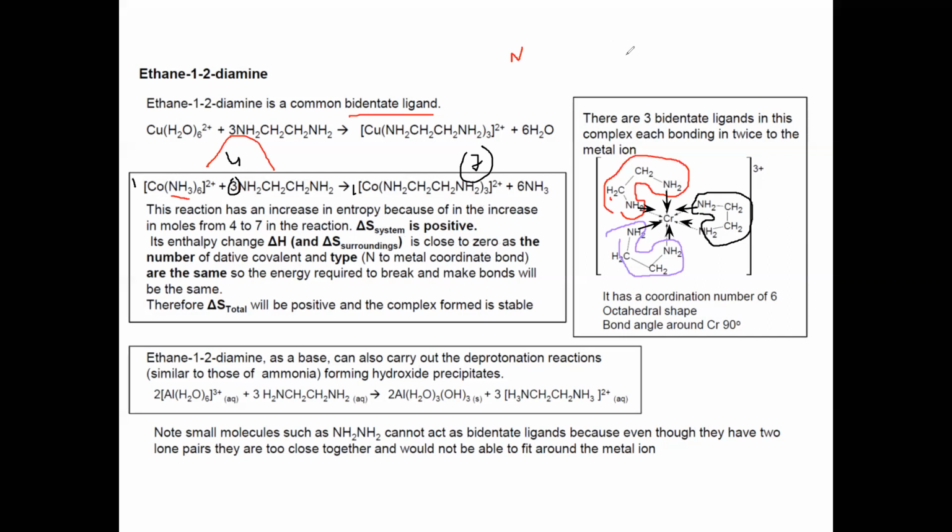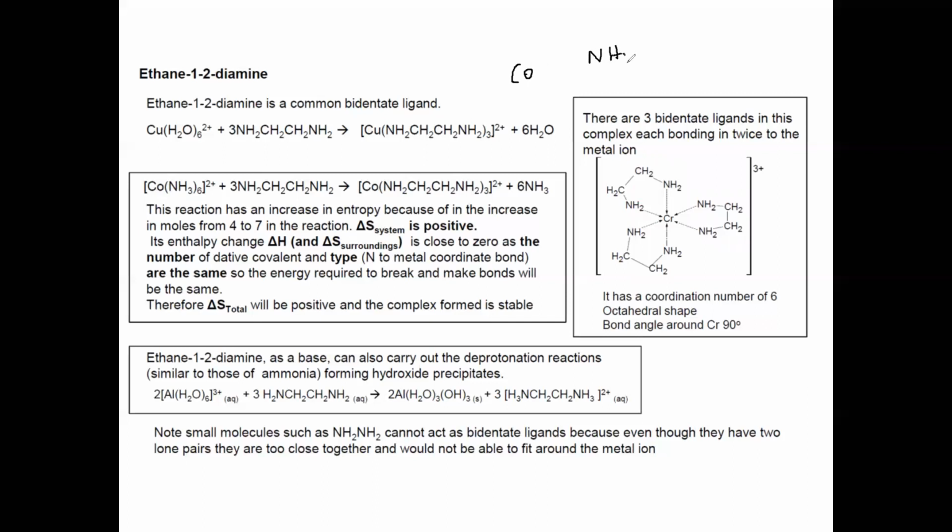And here the delta H, the enthalpy change, is equal to 0, as the number of dative bonds and the type of bond are the same, so they require the same amount of energy. Basically, the dative bond was between cobalt and the lone pair of nitrogen in ammonia.